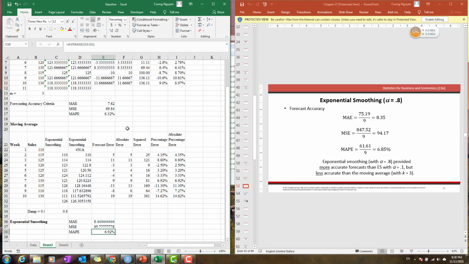So you can say the moving average generates a better result, less different compared to the actual data, and we can say the moving average will be the better method over the two of them. Okay, right, this will be the one that I want to convey in this class.